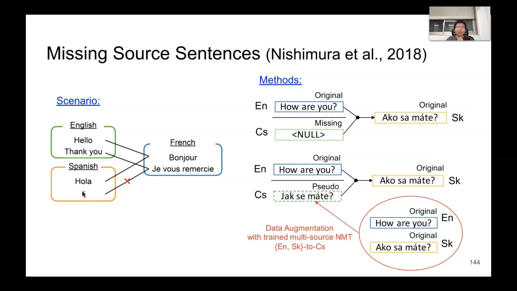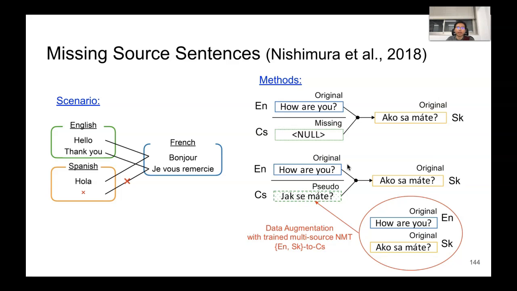So in this case, how do we utilize this Spanish corpus to improve the translation into French? In this paper, the authors proposed two methods. The first method is very simple, which is just using some symbol like null, because this is missing. We added null, and then do multi-source translation by using a multi-source encoder.